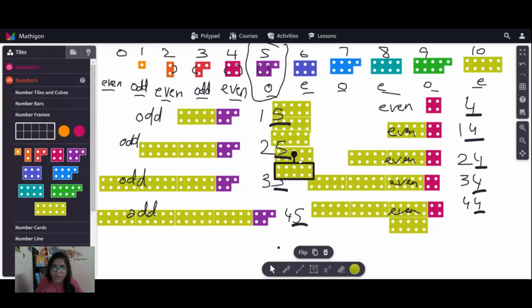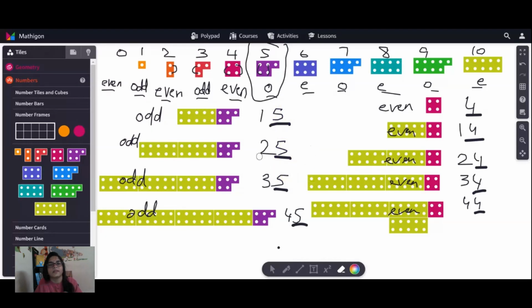Do you see all of them have a pair, right? 50 means still everything has a pair. Now 50 is done. 55. When I write this, then the odd fellow will come, isn't it? So it does not matter what is there in the tens place. What is there in the ones place? And if that ones place fellow is an odd fellow, only then the whole number becomes odd.